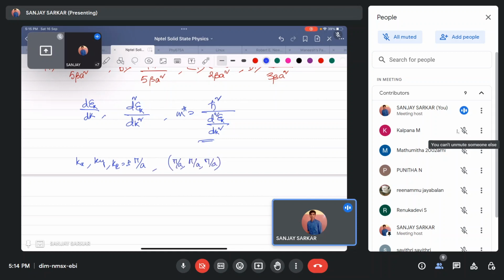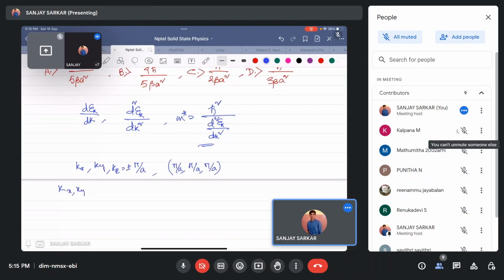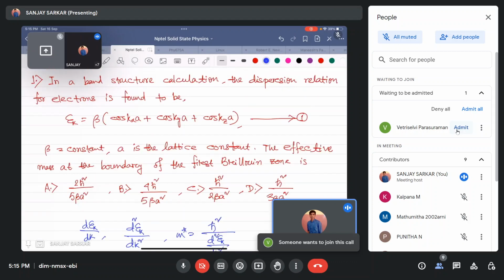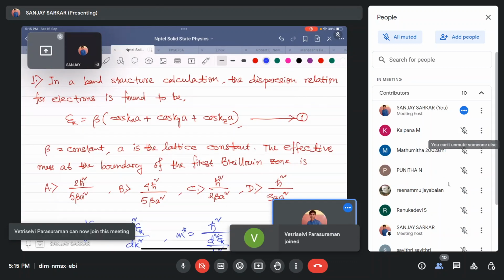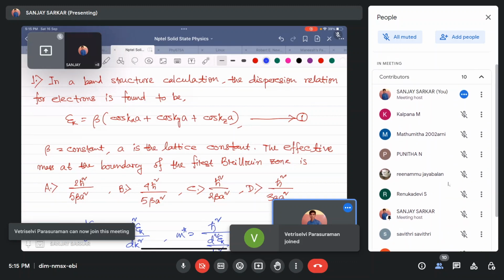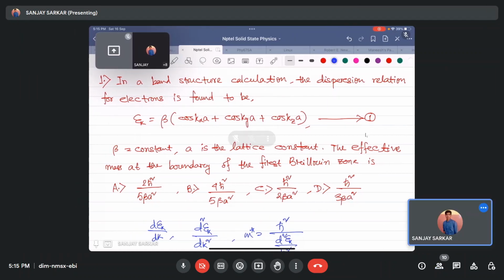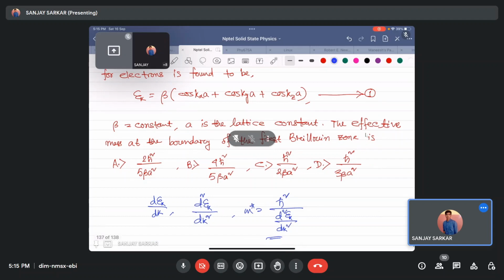Whatever you get will be in terms of kx, ky and kz, and ultimately you have to put kx, ky, kz as pi by a. So let me know the correct answer. The earlier you solve, the more problems we can solve.